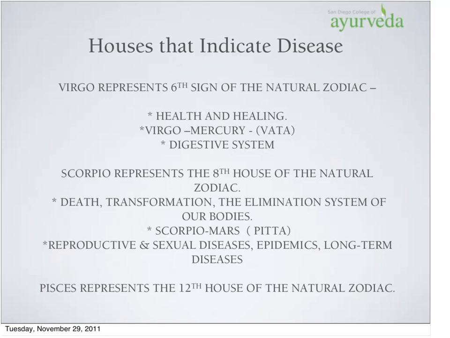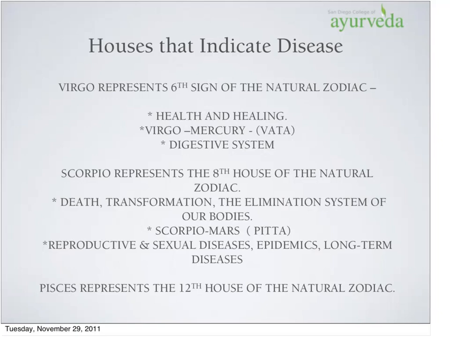And it is Vata, with the planet Mercury ruling it, Vata in nature. So the sixth house, being specifically about health and disease, deals more with things of an acute nature, which come on quickly. And then the eighth house, if we move down and look at Scorpio, representing the eighth house of the natural zodiac, is going to deal with things of a more chronic nature.